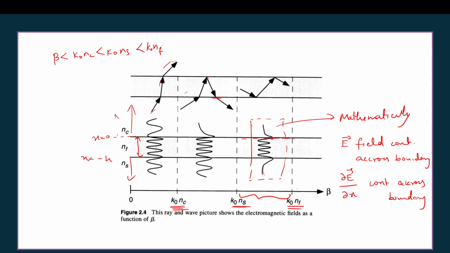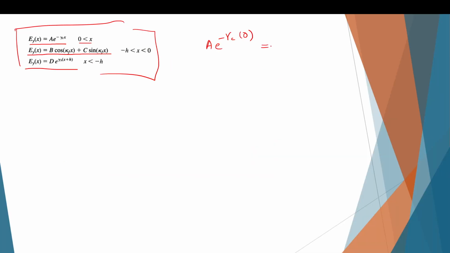That means a e power minus gamma c, for the cladding, with x equal to 0, should be equal to b cos kappa f, for the film, times 0, plus c sine kappa f times 0.